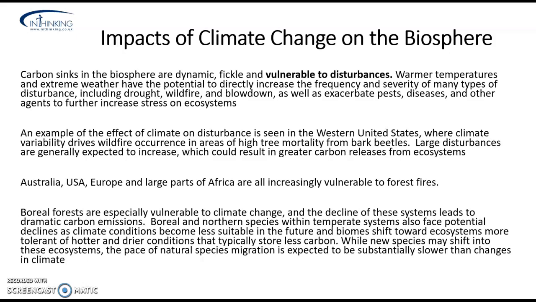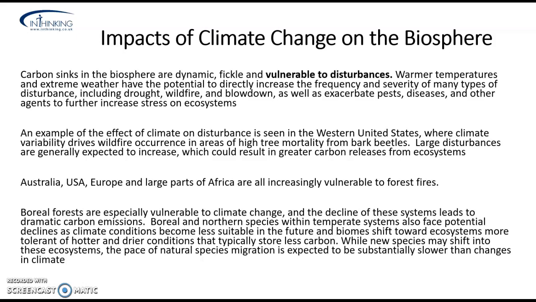Australia, USA, Europe, even large parts of Africa, although that gets hardly any media attention, are increasingly seeing forest fires. And then finally, the boreal forests are especially vulnerable to climate change. And the decline of these systems leads to a dramatic carbon emission change or loss. Remember, the soils there have got much greater stores of carbon.